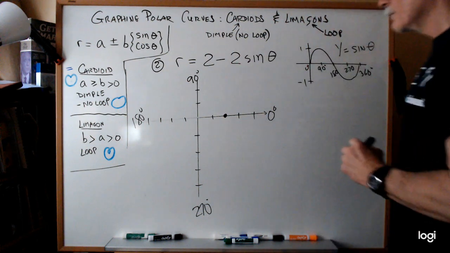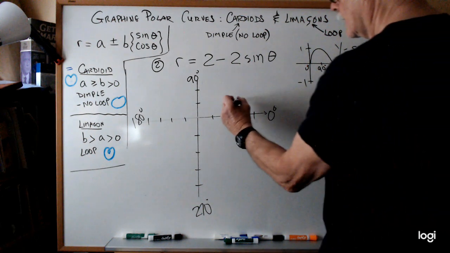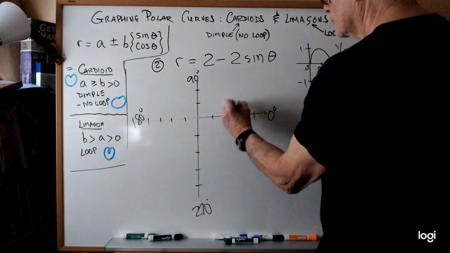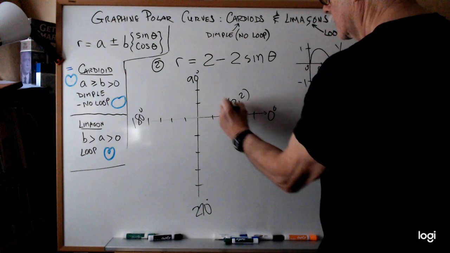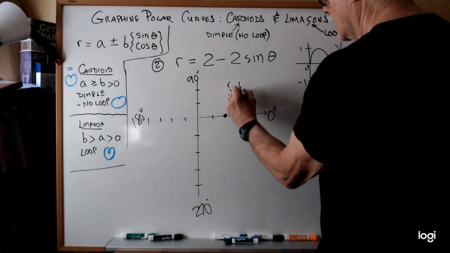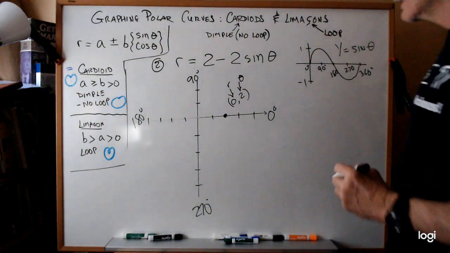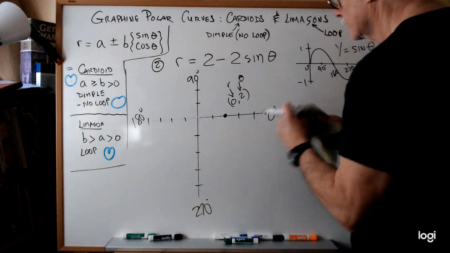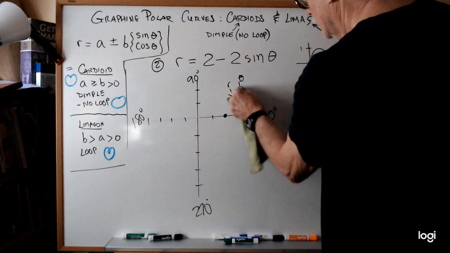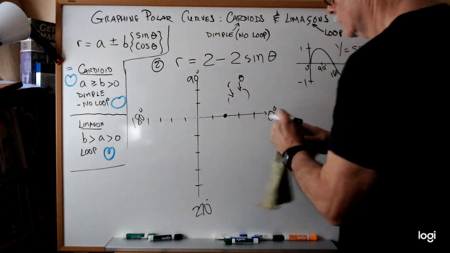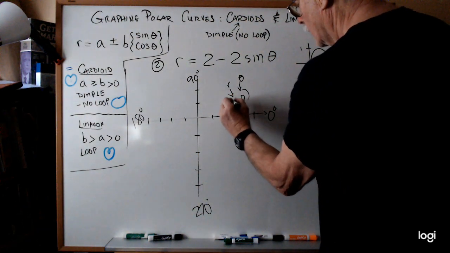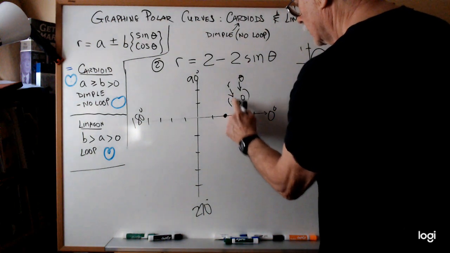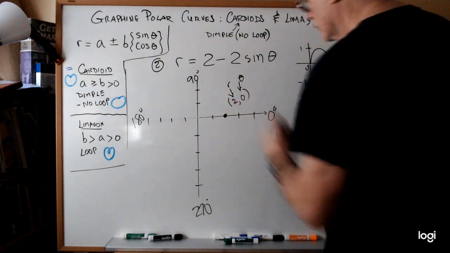So this would be the point 2, comma 0, and don't forget it's r, comma theta. Whoops, that's not correct. Let me fix this up a little bit. When theta is 0, r equals 2. So that would be the point.